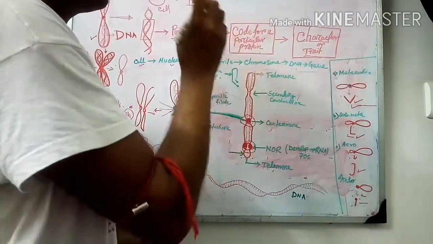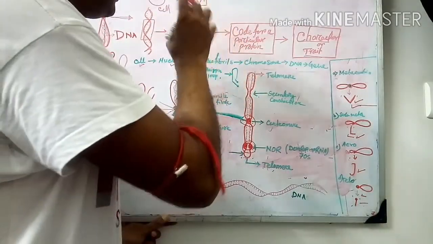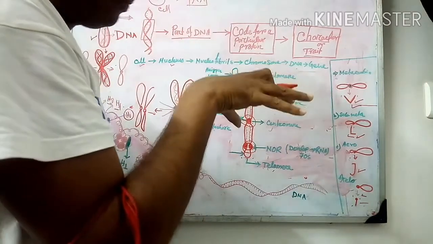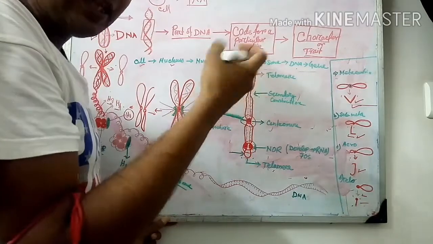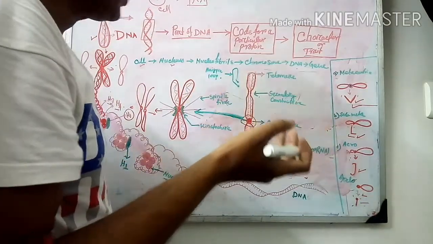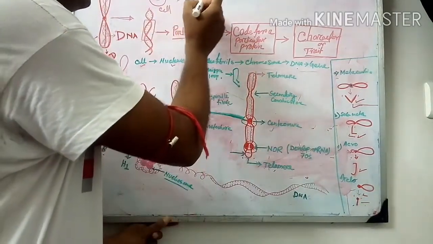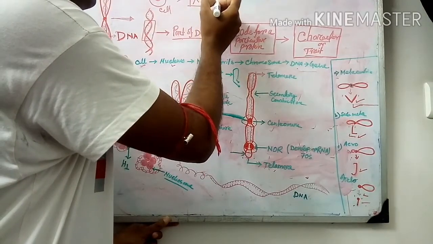Nucleofibrils are nothing but chromosomes, and they are present in a spread-out condition inside the nucleus. Inside the nucleoplasm they are suspended.